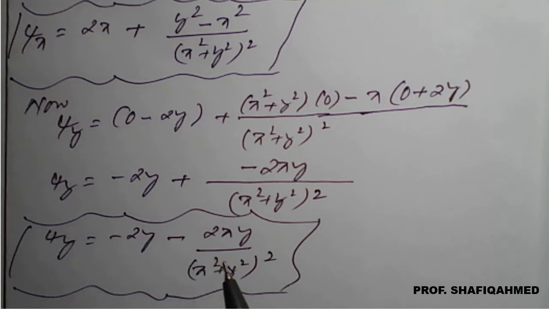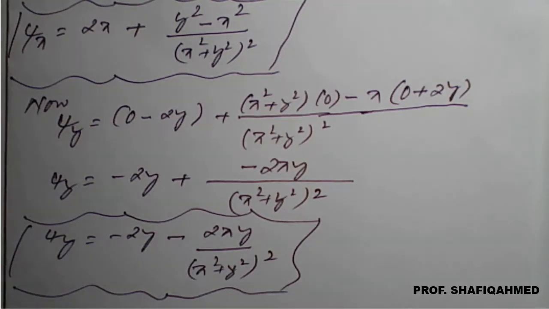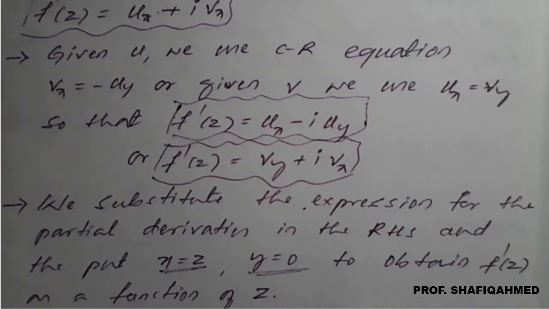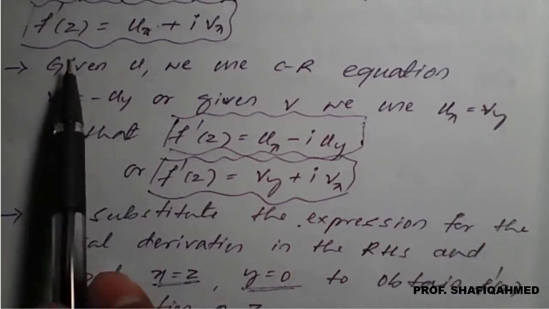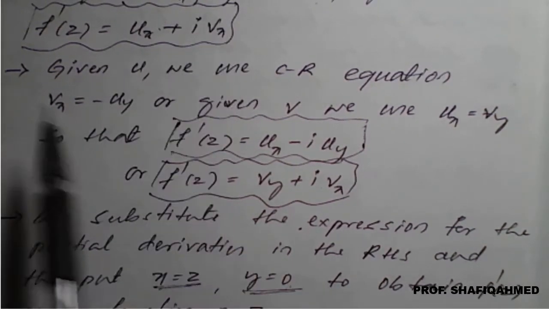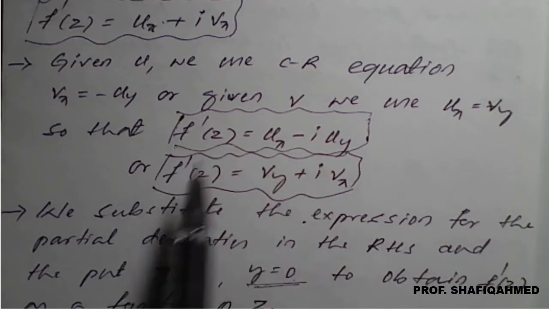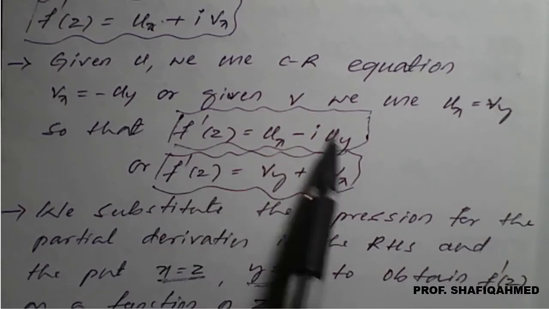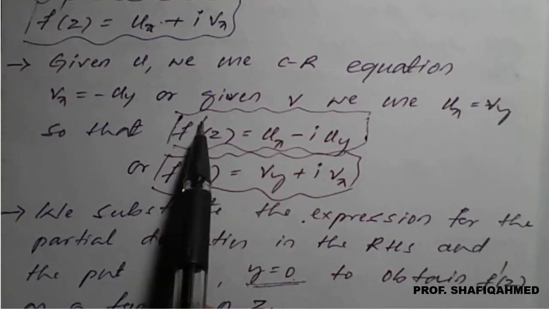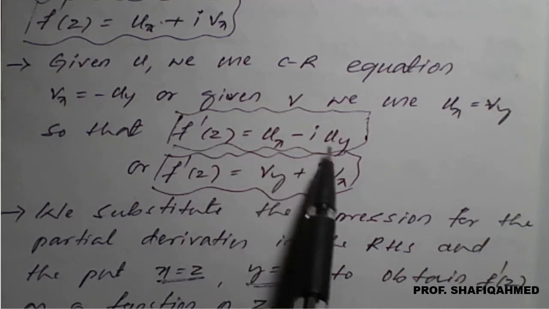Now as per the steps, to check the CR equation, we need to go for the partial derivative with respect to x and with respect to y. So as per the formula, I will show that formula. Once we get the partial derivative of u or v, since we got the imaginary part, we need to apply this formula, that is f dash of z is equal to ux minus i times uy.